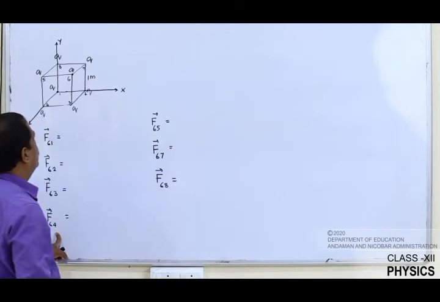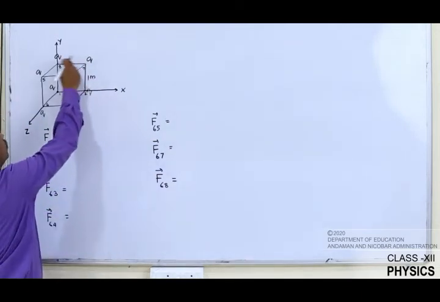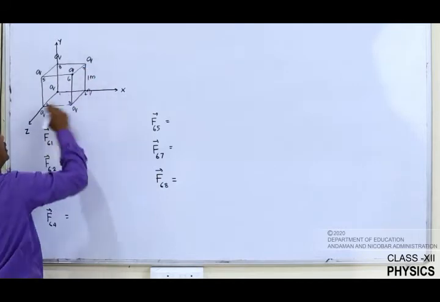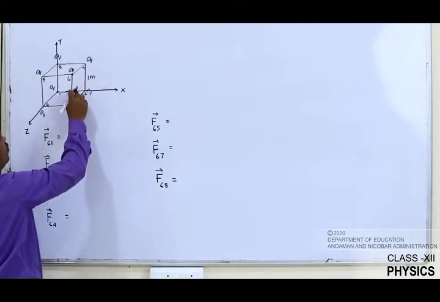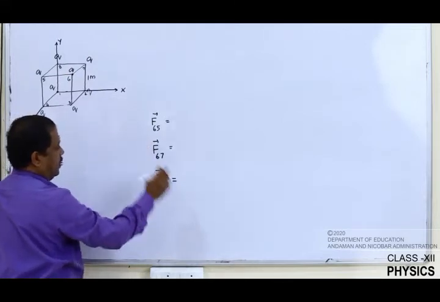So altogether, I am trying to calculate what is the force experienced by charge at 6 due to other charges. So other charges are 7 charges I have. Therefore, I am going to get 7 forces, 1, 2, 3, 4, 5, 6, 7.